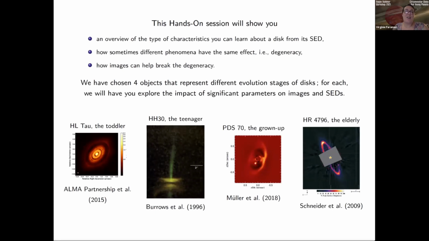And if you want to know more about that, you can see again the talk we had this morning about this. And then we have HH 30, which is a T Tauri star, and then PDS 70, which is called the grown-up, and finally HR 4796. And I'm going to give you a little bit more details about each of these objects right now.